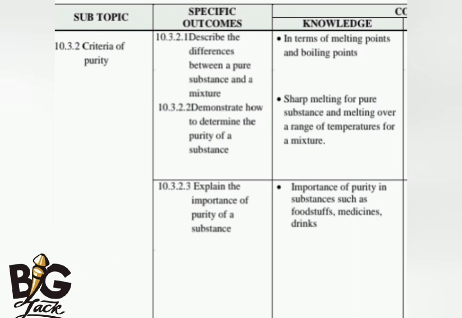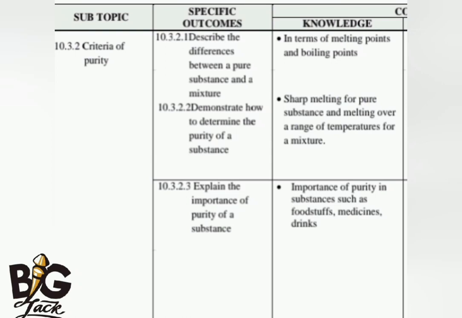Okay, it depends. Apart from that one, you need also to demonstrate how to determine the purity of a substance. Let's say, for example, if they give you different melting points and boiling points, for example, substance X has the melting point of 0 degrees Celsius and boiling point of 100 degrees Celsius.